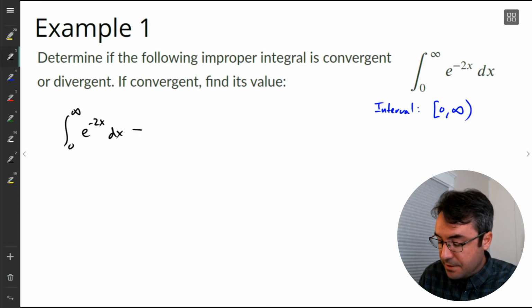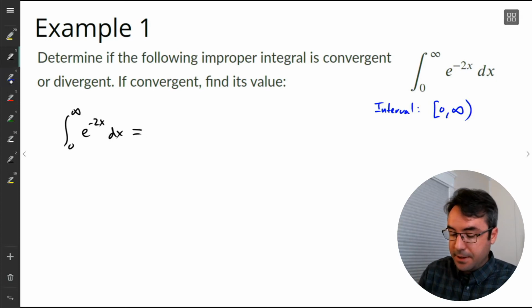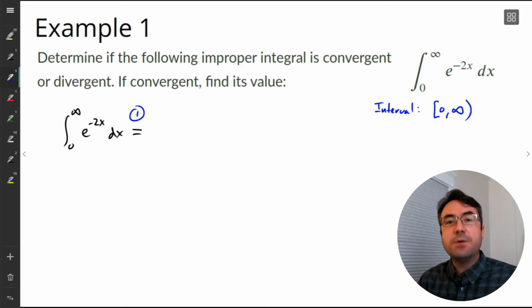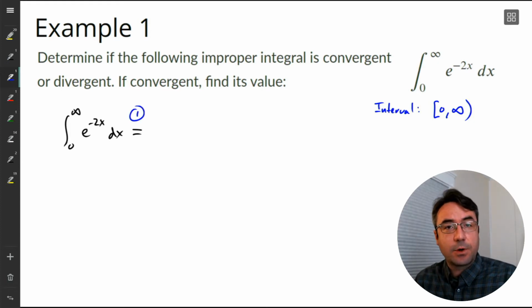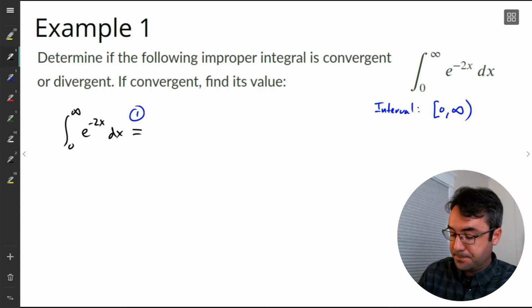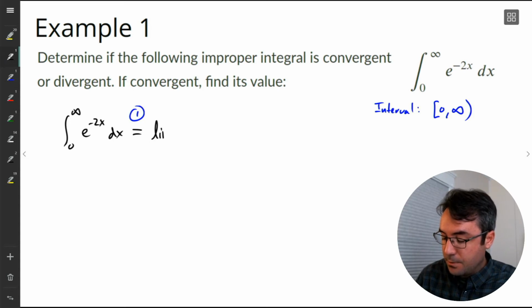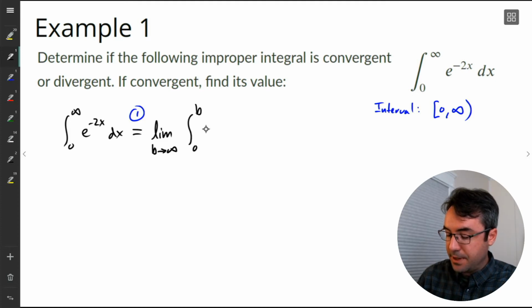So this is the key first step: we're going to rewrite this as the limit. We're going to use that definition. And we're going to rewrite it as the limit as b goes to infinity of the integral from 0 to b of our function.